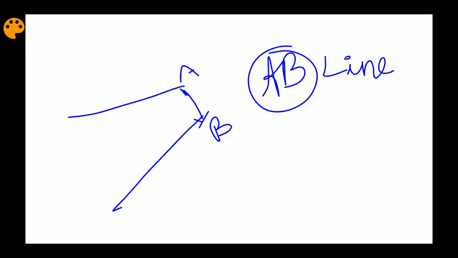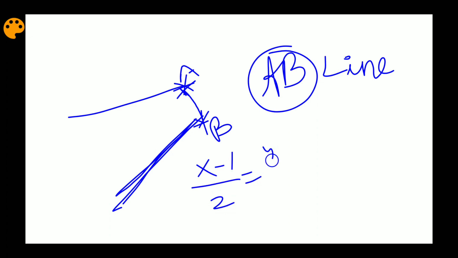You will try to calculate the general point of point B and the general point of point A. How to calculate the general values? For example, I am taking an example where the equation of this line is given by (x minus 1) upon 2, (y plus 1) upon minus 1, (z minus 2) upon 3.